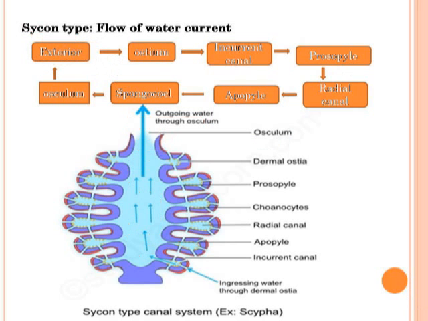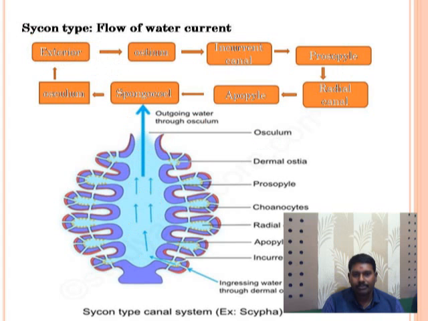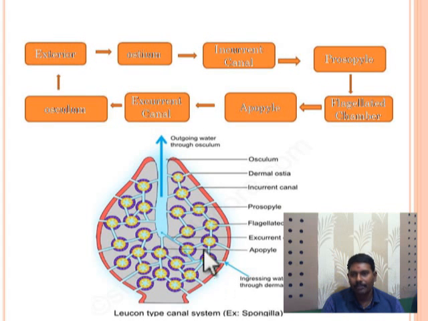Let's go for the next type, leucon type. Here the water from outside or exterior moves through the dermal ostia, that is the opening over here, ostial pores, into the incurrent canal, and through the prosopyle, the water can reach the flagellated chamber over here.